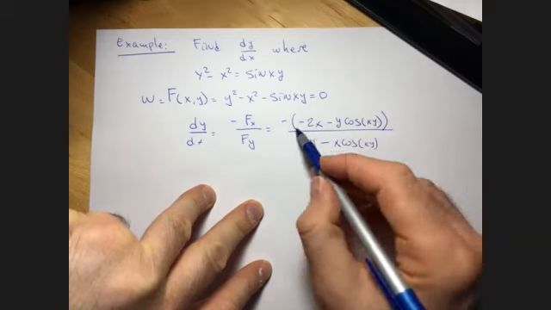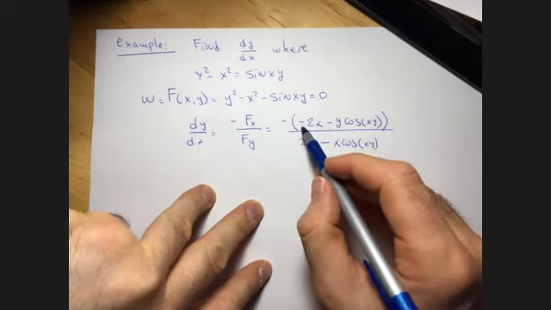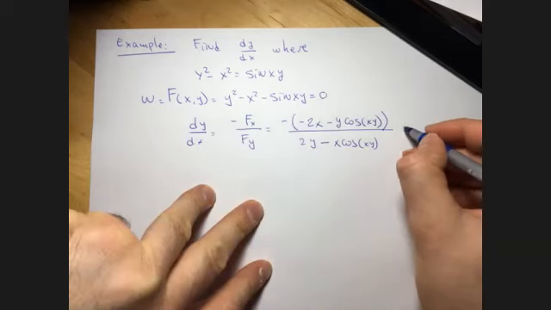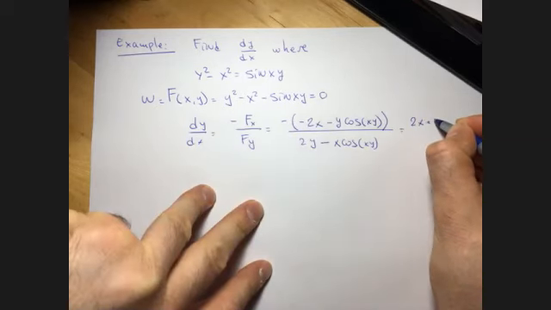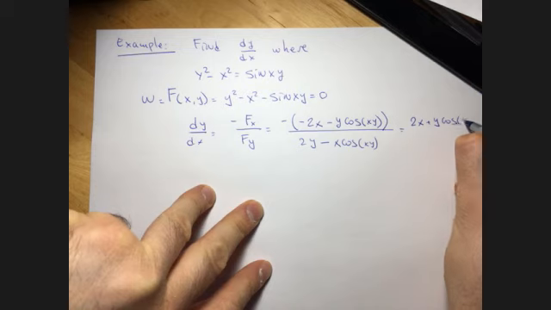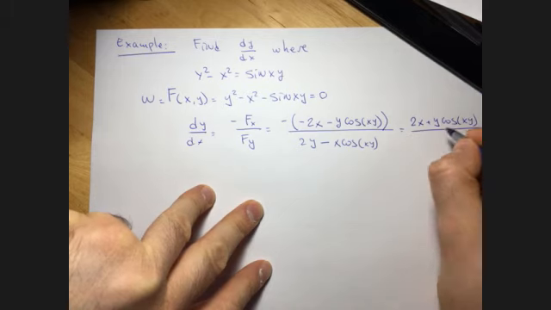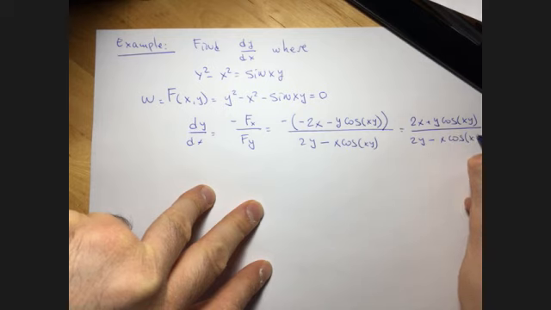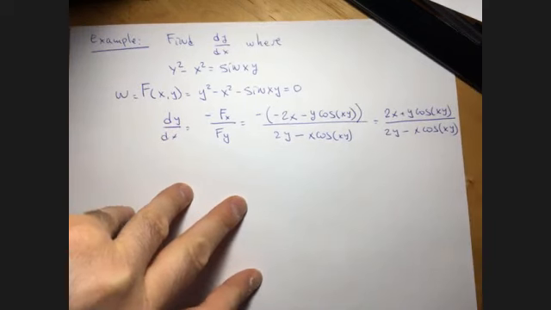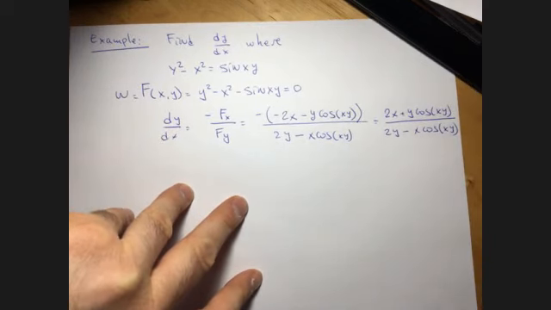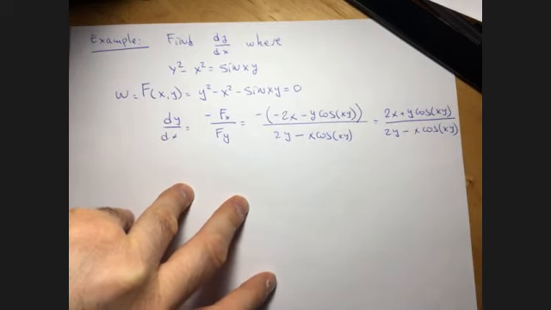So now make this expression slightly better by dropping the parentheses, and you get 2x plus y cosine of xy over 2y minus x cosine of xy. Any questions?